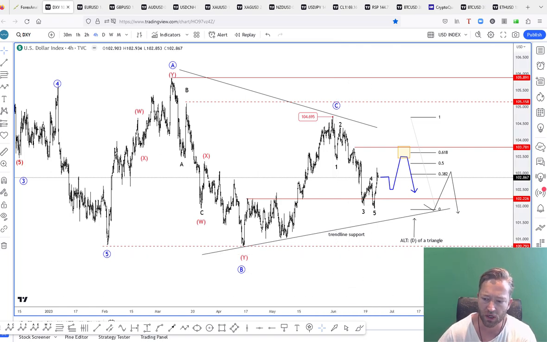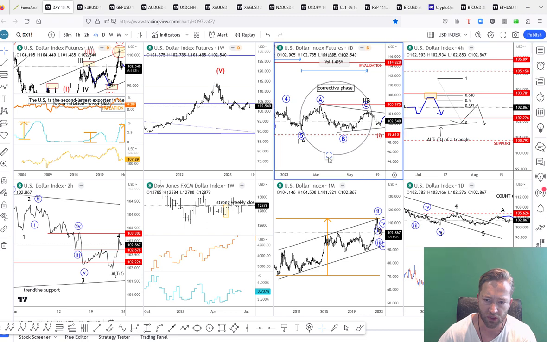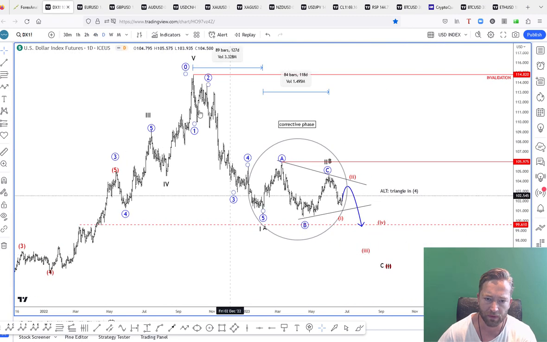But if you look here on a big picture, there's still ongoing consolidation, right? Because you are actually trapped between these big levels. On the lower side of this range we have 100 area, and then you have 106. So that's a consolidation.